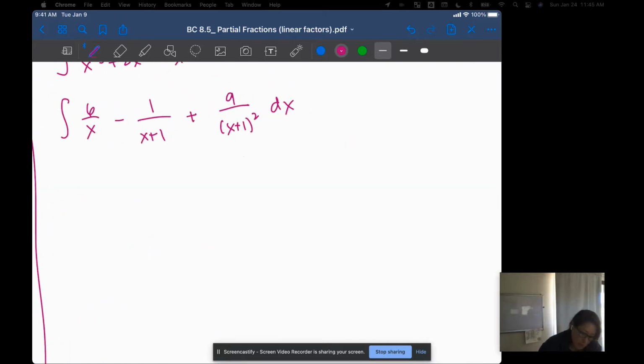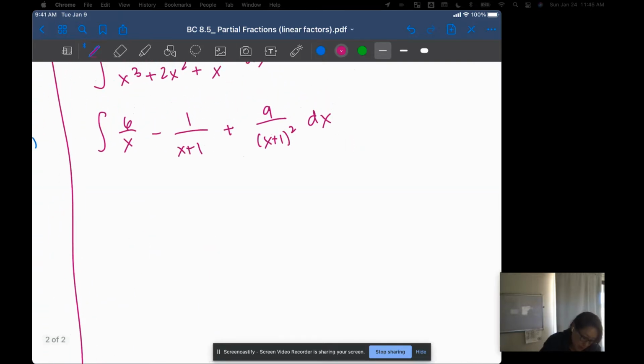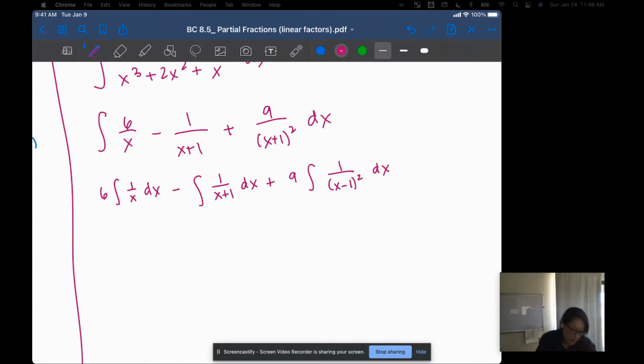Okay, and now I'm going to split these apart. So I get 6 times the integral of 1 over x dx minus the integral of 1 over x plus 1 dx plus 9 times the integral of 1 over (x plus 1) squared dx.